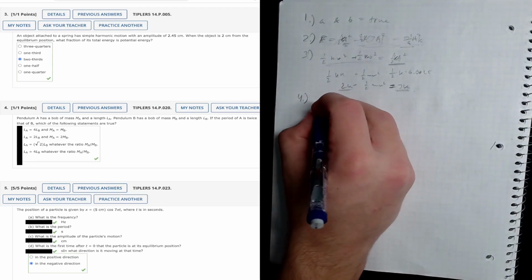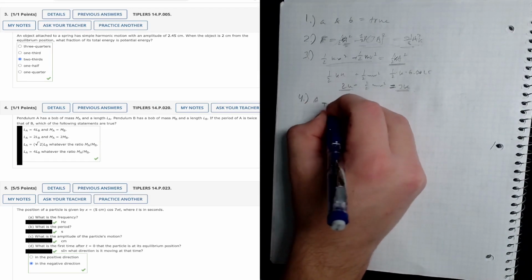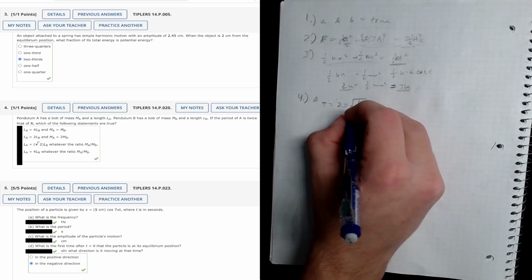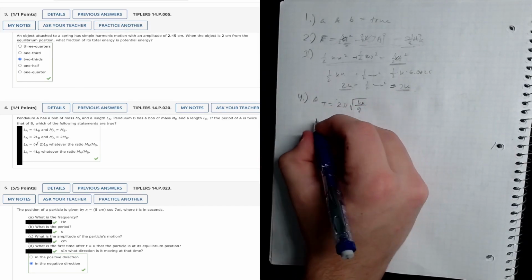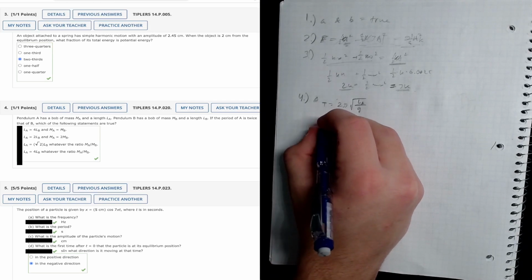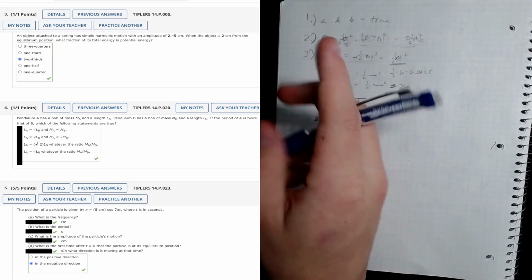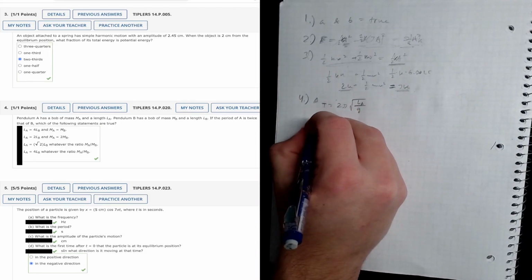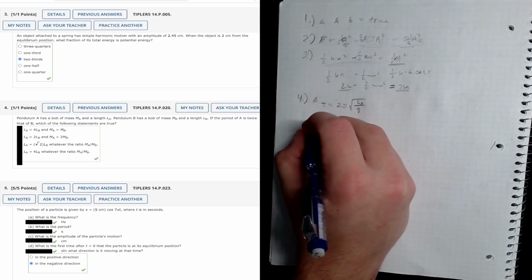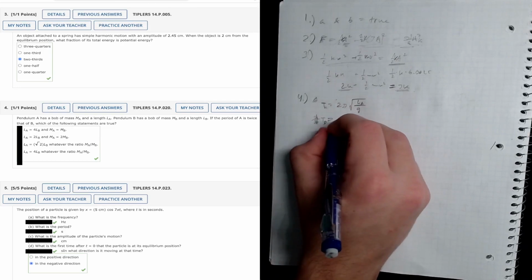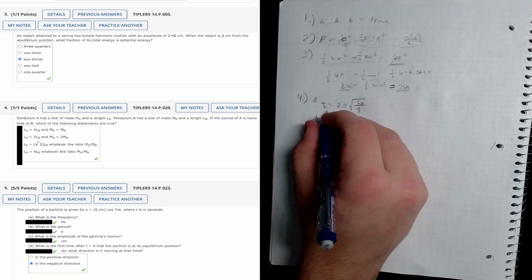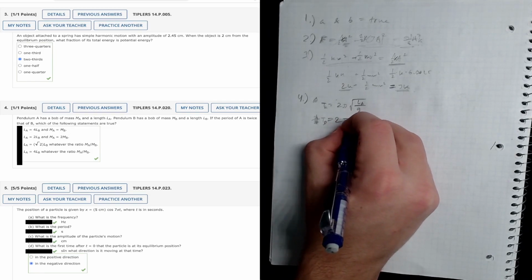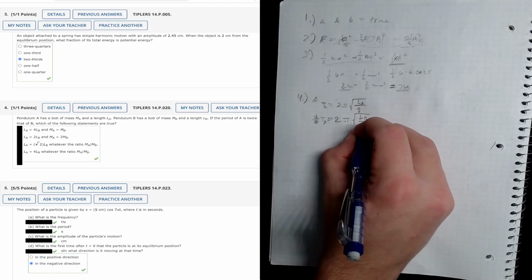So we know that the period of bob A is going to be 2 pi square root of L of A over g, which is 2 times the period of B. The period of B would be 1/2 the period of A, which is just, in this case, pi square root of LB over g.